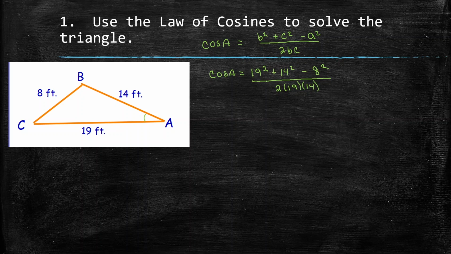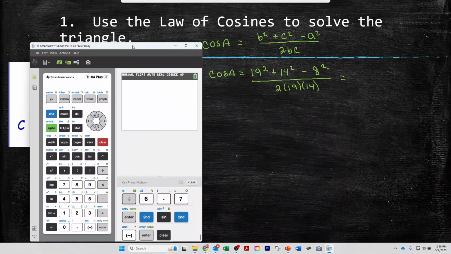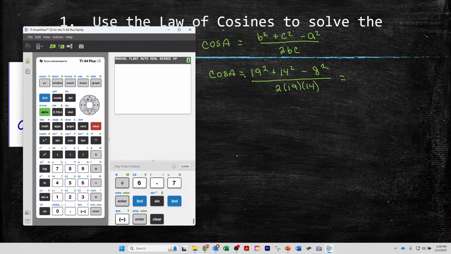So this is just plug and chug into a calculator, and I'm going to get a value. And I'm going to take the arc cosine of it, and I'll just do one of these. I don't really want to do all of these on the calculator here, but let's go ahead and do that. So again, cosine, so I'm going to take 19 squared plus 14 squared minus 8 squared.